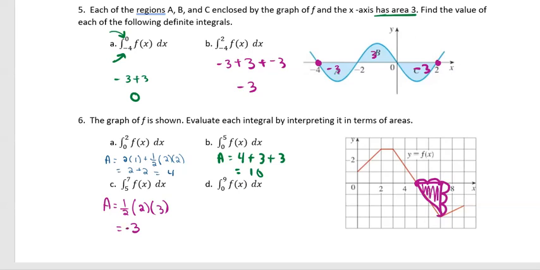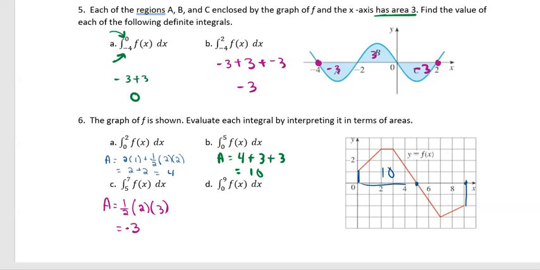Let's try one more. So we have the integral from 0 to 9. All right, so this whole thing, the integral from 0 to 9. Well, let's see if we can figure this out. We already found from 0 to 5 right here, and that was 10.